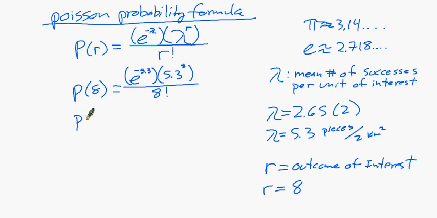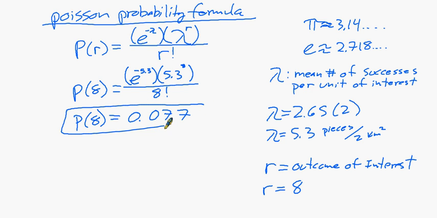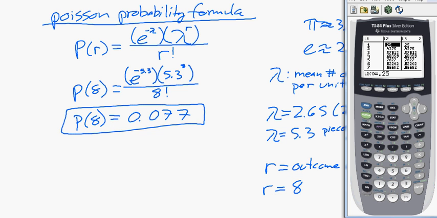If you plug that into your calculator, you end up with 0.077, or he has a little under 8% chance of finding 8 pieces of metal of worth if he scans 2 kilometers.